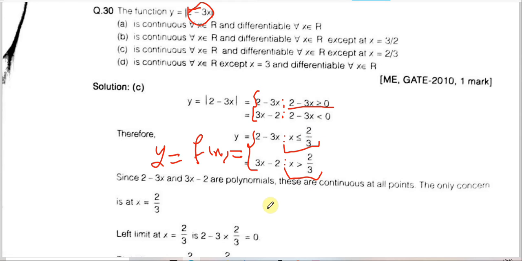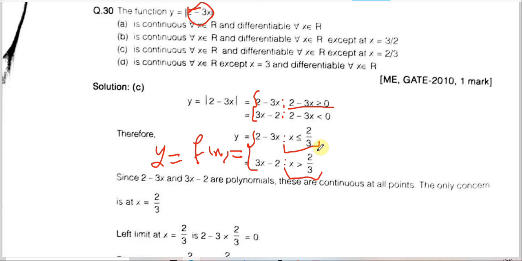We know f of 2 by 3 plus, f of 2 by 3 minus and f of 2 by 3 should all be equal. If we put 2 by 3 here, it becomes 0, and this also becomes 0, so 0 equals 0, so it is continuous.